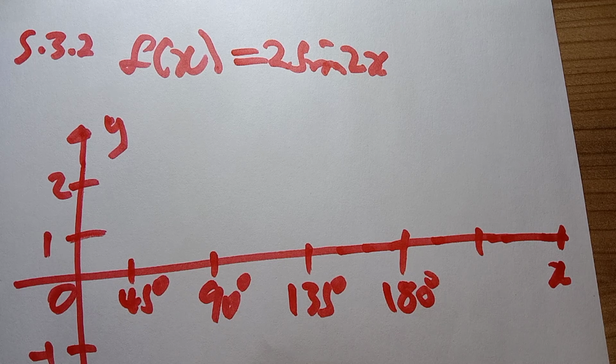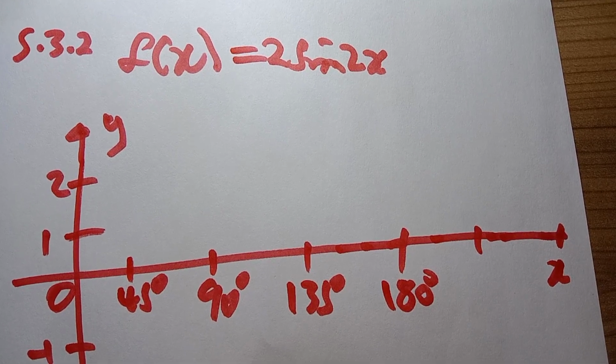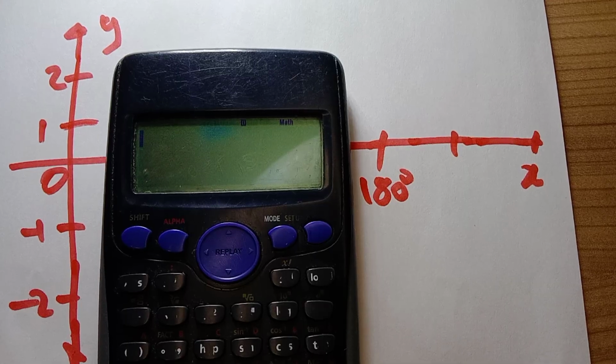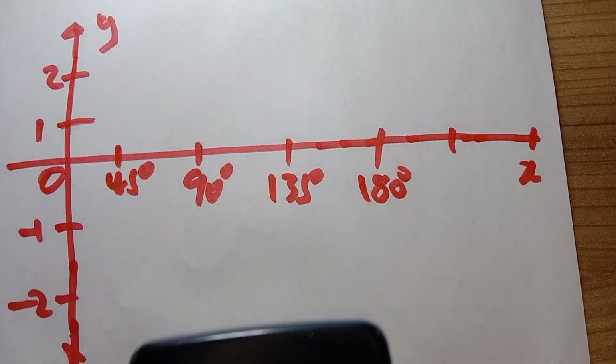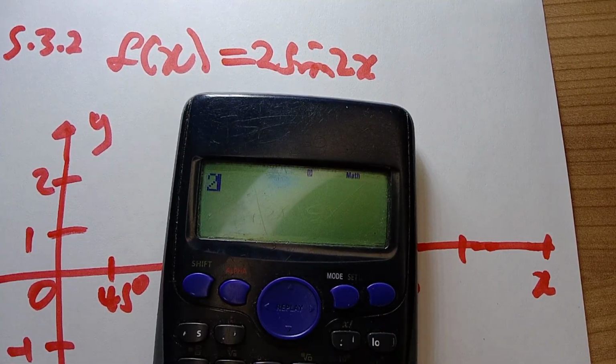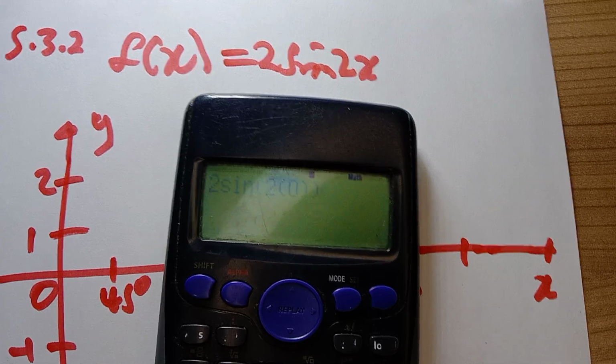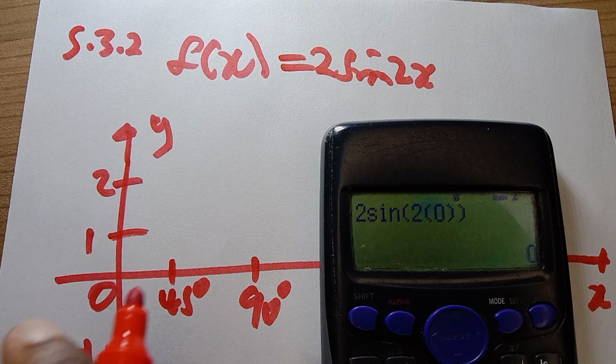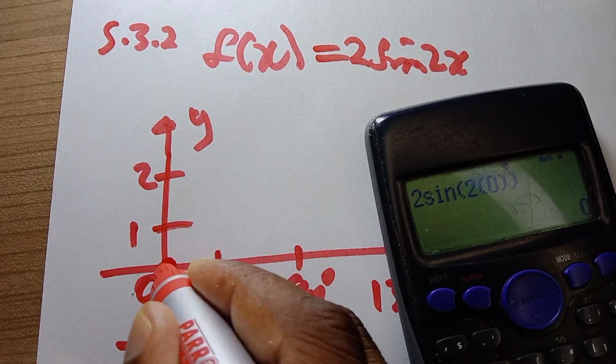Then let's try to get the values when we punch on our calculator. Here we are having our calculator. We're going to punch 2 sine 2x of 0 degrees. We have 0, so 0 degrees gives us 0.